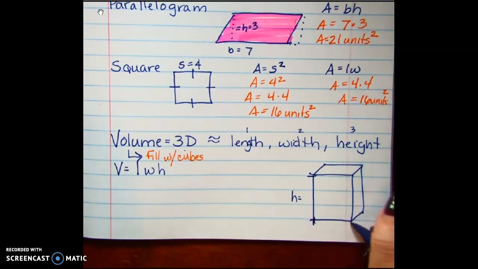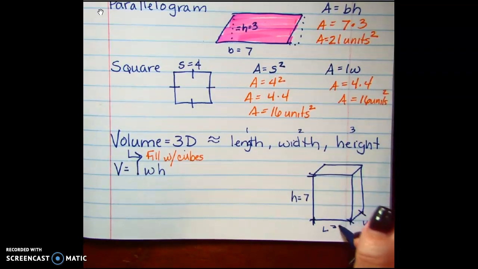Then I have length, which is right here, and this right here is width. So if my height is 7, my length is 4, and I am giving you these numbers, you don't have to find them, and my width is 2, how could I use this formula? Plug in the numbers. So let's go ahead and do that.